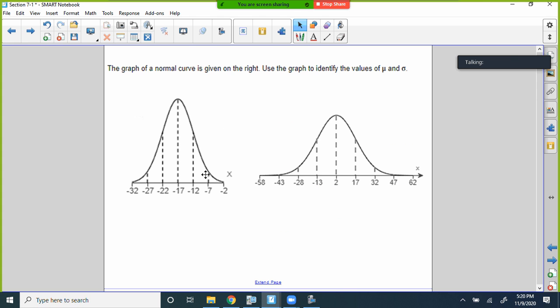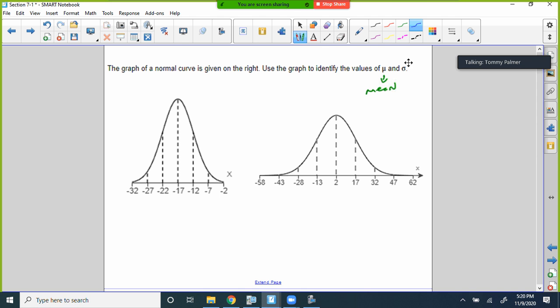Now, here's some of your stuff in the homework. It says the graph of a normal curve is given on the right. Well, it's given below. I grabbed both of them. It says use the graph to identify the mean and the standard deviation, right? So this little symbol right here means mean.